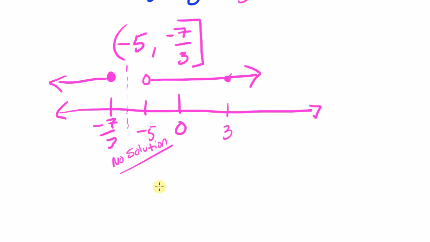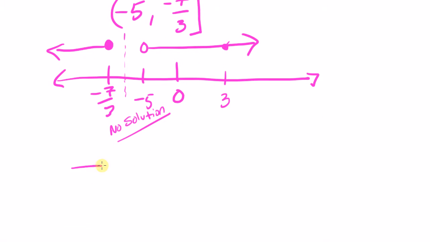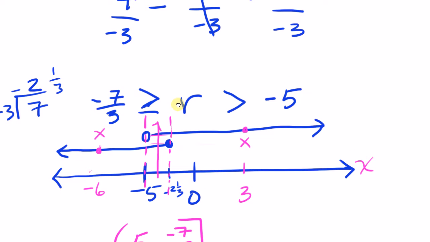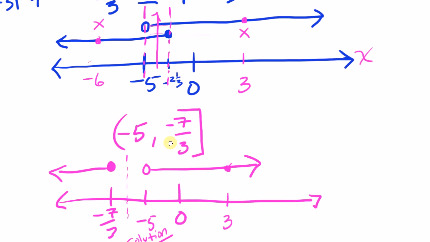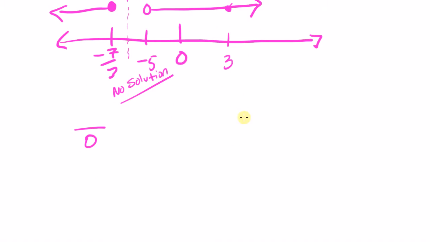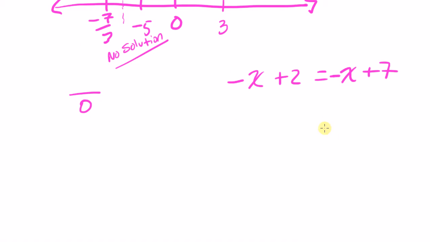Now, no solution is when the denominator is 0, or when the x's would cancel out. Like if you had negative x plus 2 is equal to negative x plus 7, something like this.